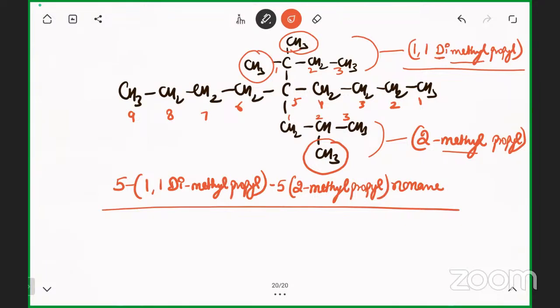Sir, is it necessary to write the 5 after the dimethyl propyl? Pardon. It is necessary for what? It is necessary to write the 5 after the dimethyl propyl.